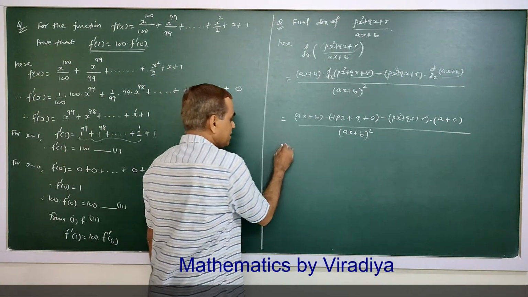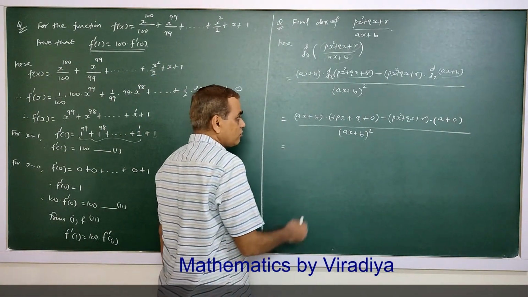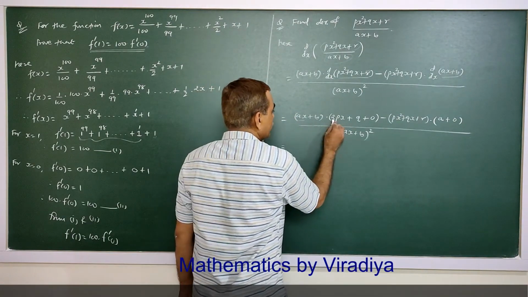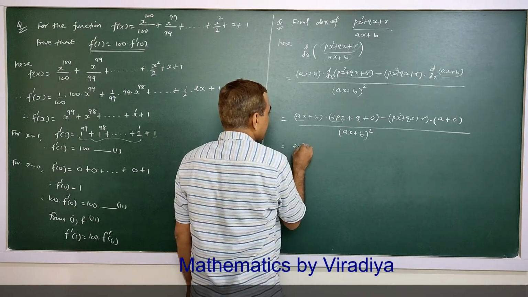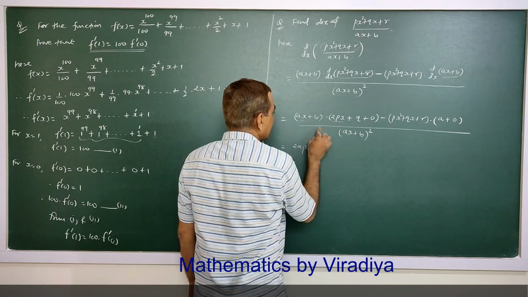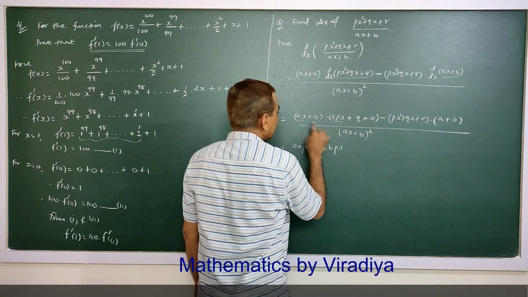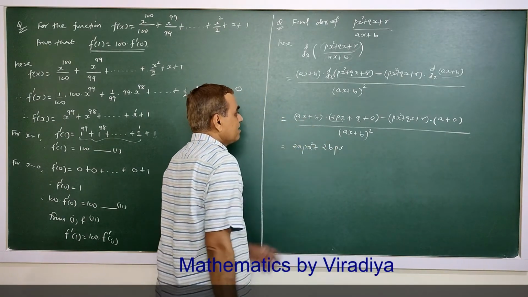So this is, now multiplying this in the numerator, ax into 2px, that is 2apx square, plus 2bpx.